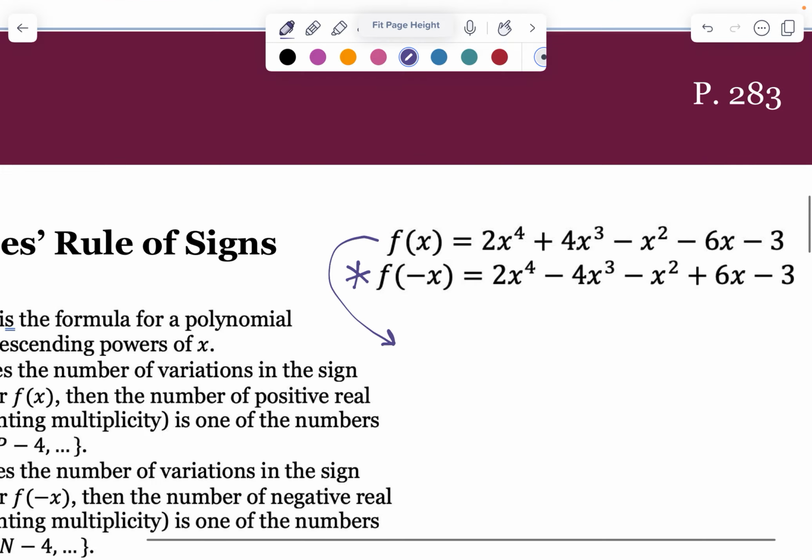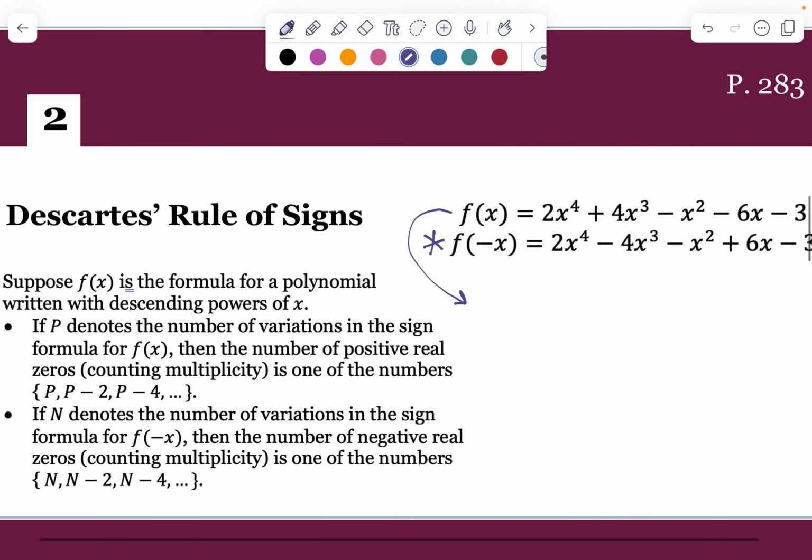All we need to do here is look for the sign changes from term to term in the function. For the positive f of x, that number of sign changes, or what are called variations in the sign, will be the positive real zeros. And that counts multiplicity, so that counts if we have a factor that's squared.